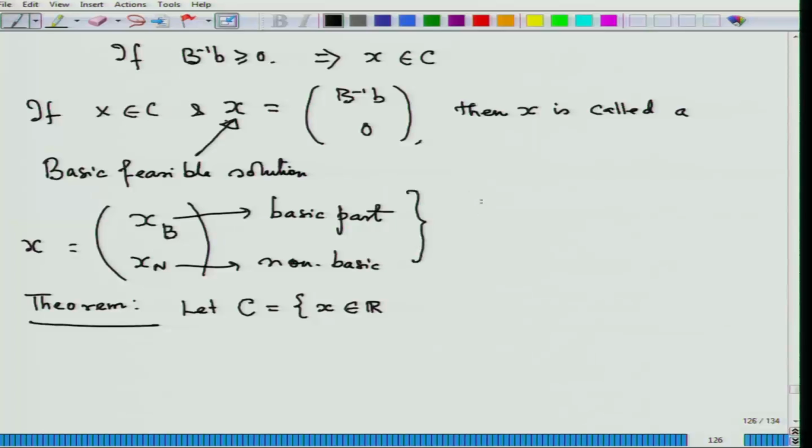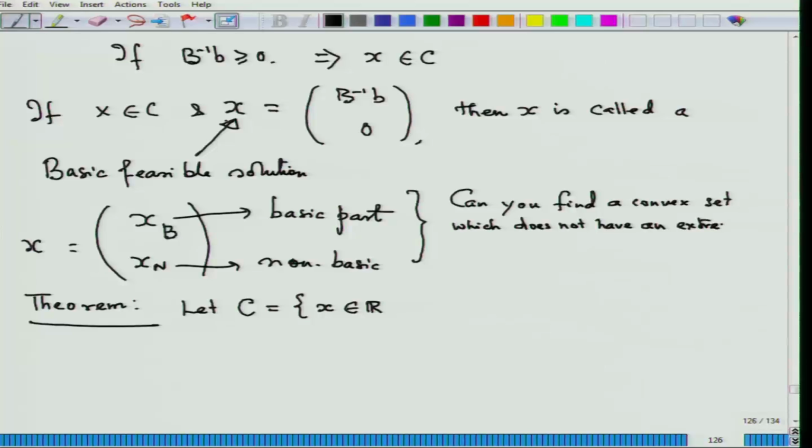Could there be a convex set which does not have an extreme point? I am asking you this question. Think of an example. Can you find a convex set which does not have an extreme point?